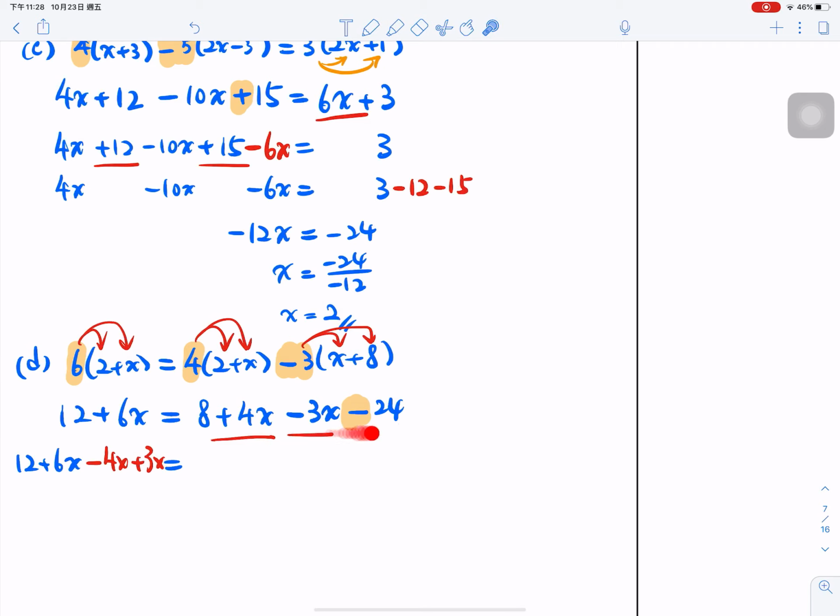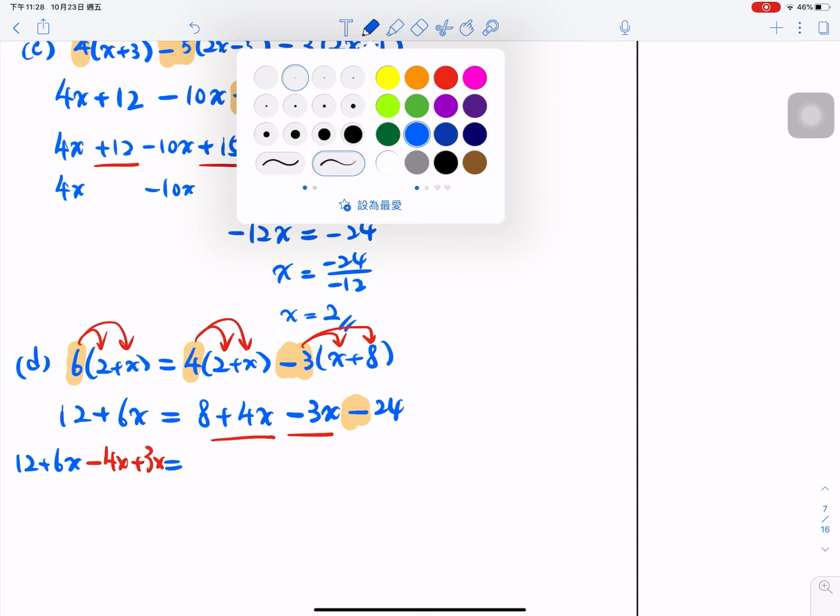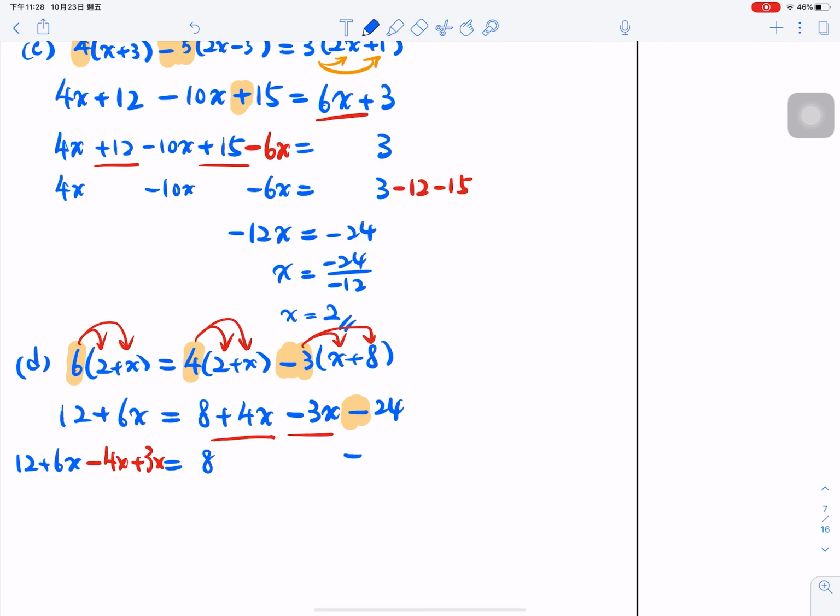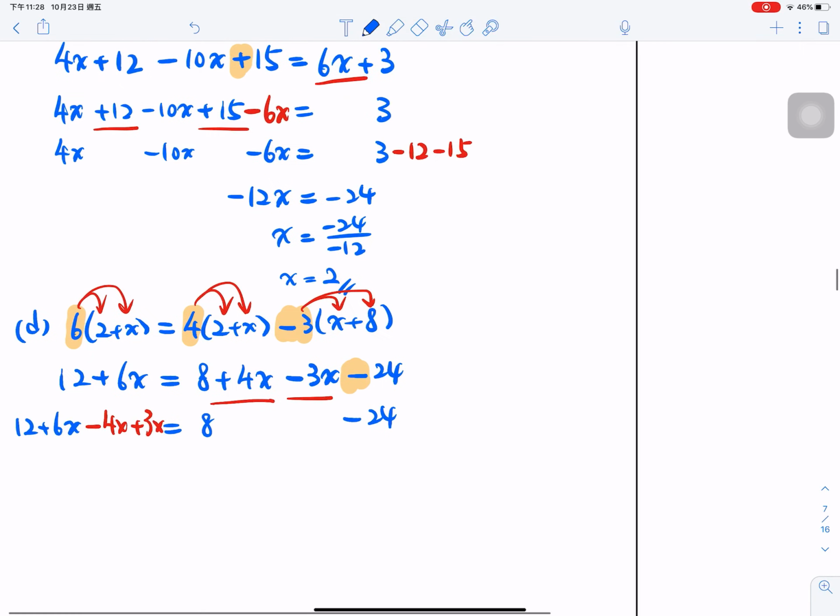Both sides plus 3x, no more here, right? So 8 minus 24. Then what's the next step? 6x minus 4x plus 3x. Here 8 minus 24. Yeah, minus 12 on both sides.